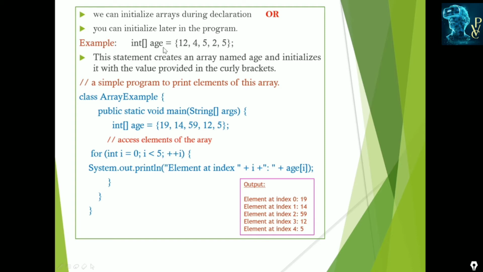So this age array becomes of size 5. This is a simple program which prints the elements of the array. An array holds indexes 0 to n minus 1. For traversing it, we need to use the for loop. Here in the main method, we are assigned some values.